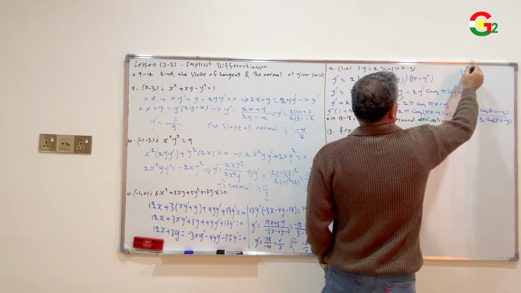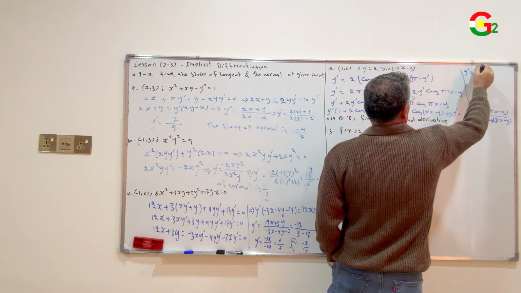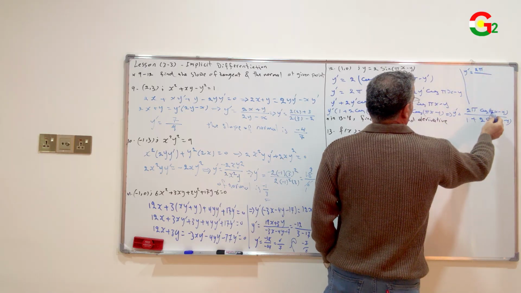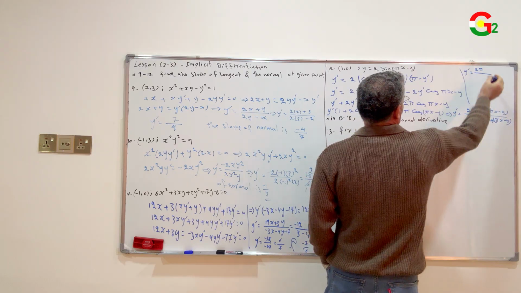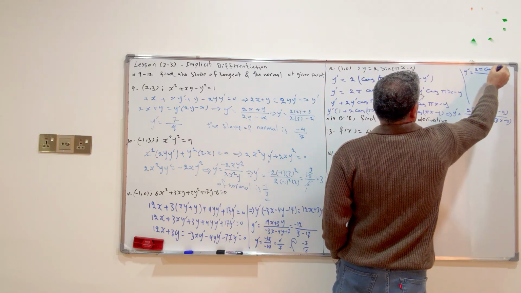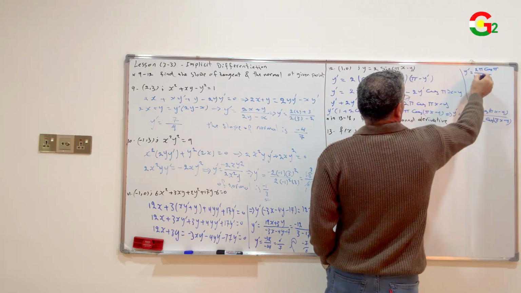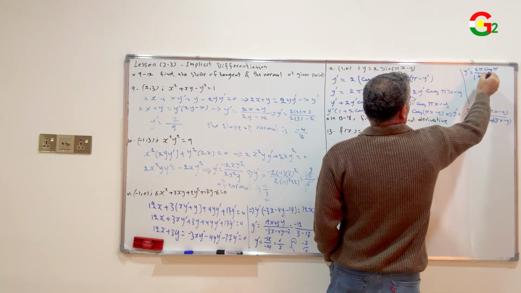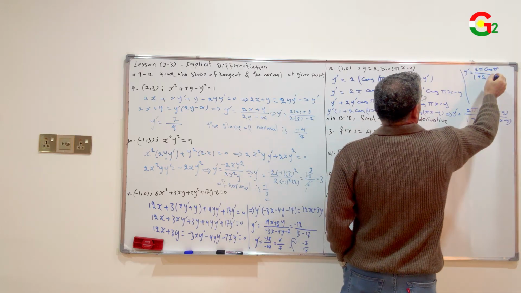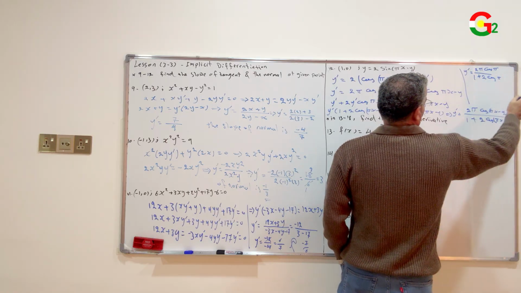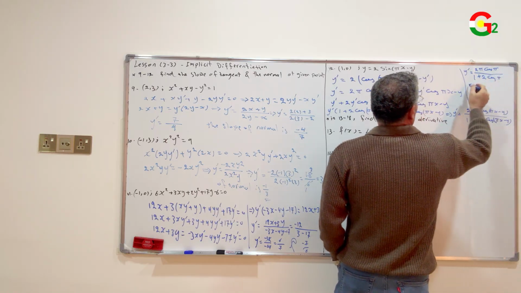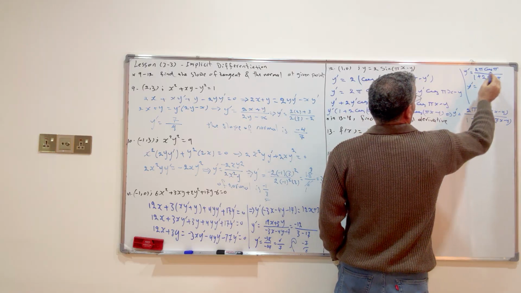Therefore, y prime equal to 2 pi cosine of pi minus 0, over 1 plus 2 cosine of pi minus 0.